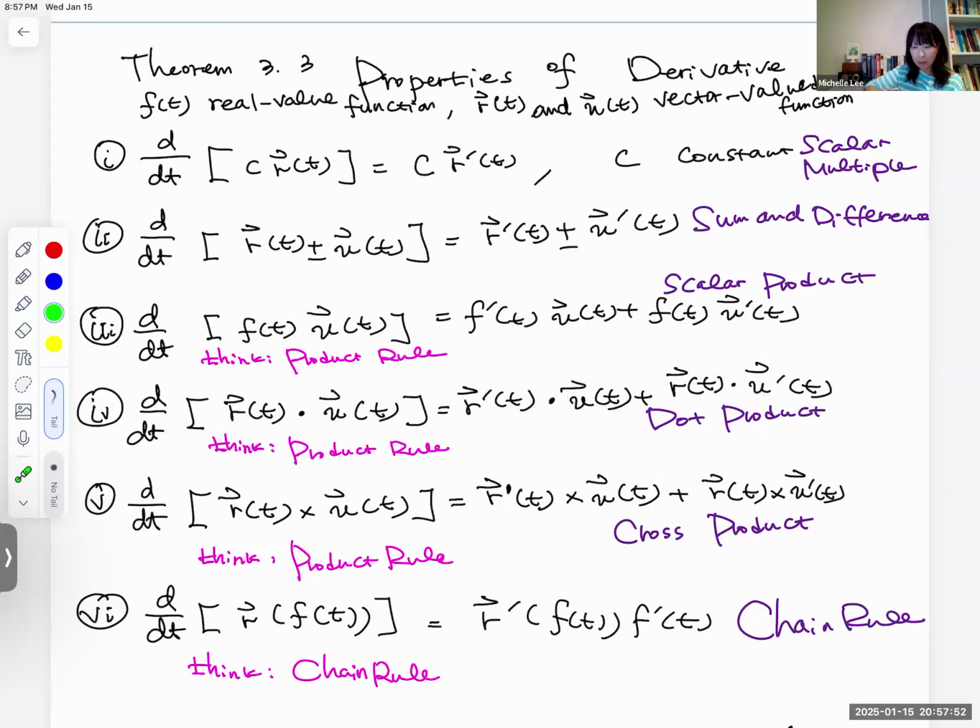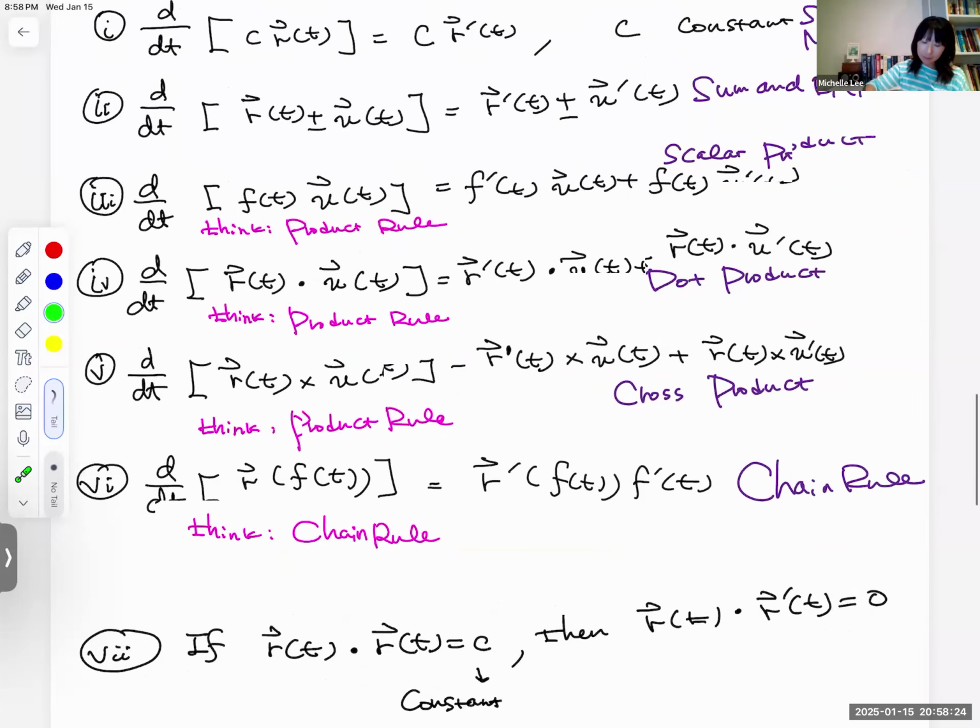Okay, we have a cross product. The first one prime, cross product, we keep that, and then the second one, plus the first one cross product with the second one prime, right? So this one acts like a product rule again.